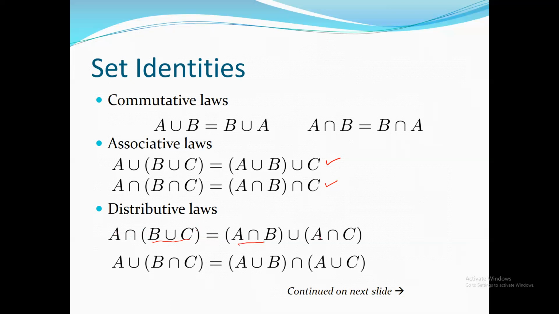So A intersection B, A intersection C, and put the union in between. So you can always distribute this A intersection with B and with C. And since the middle operator remains the same, the same happens with A union B intersection C. You can distribute this A union with B, and then have A union with C and put the intersection at the center.